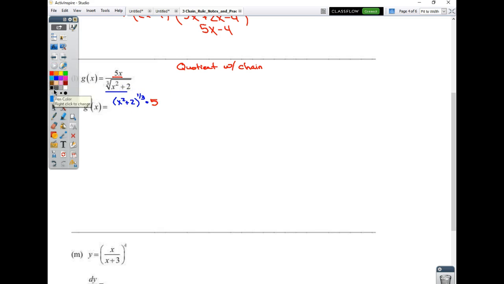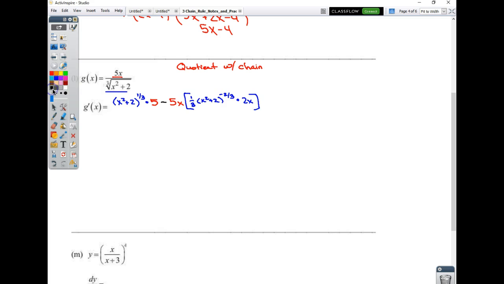Nice. Times this monstrosity right here. So what is that going to be? To the negative 2/3. Not too bad, you've seen the chain rule for all of like 30 minutes and you're already doing that fairly quickly. Nicely done.